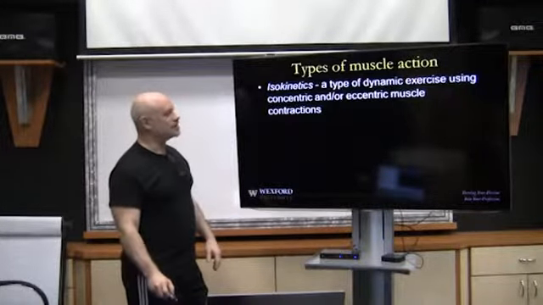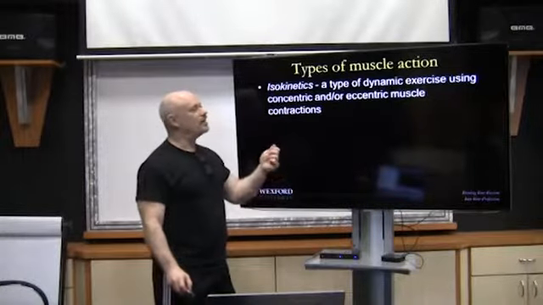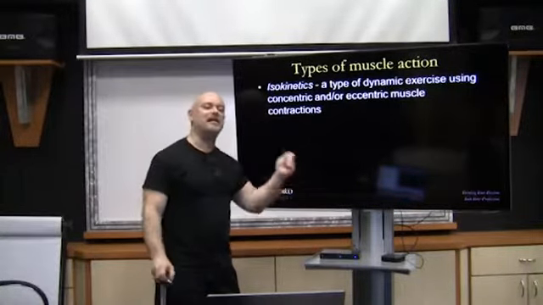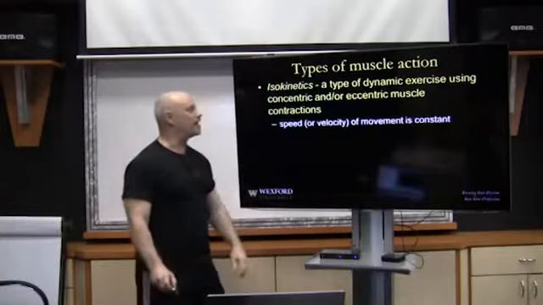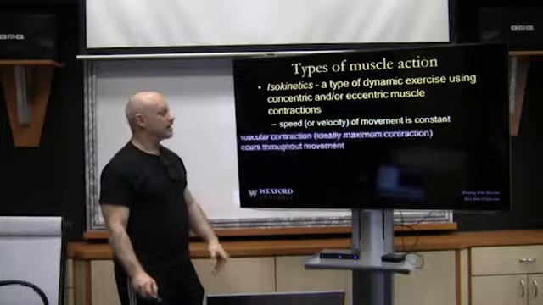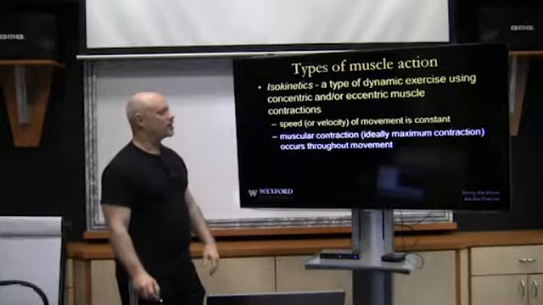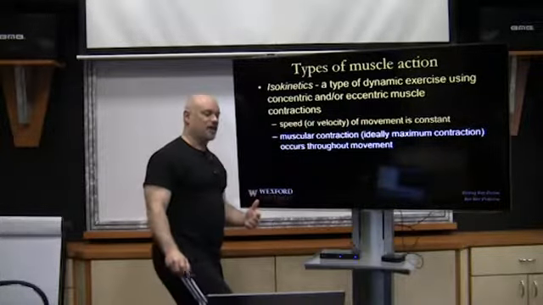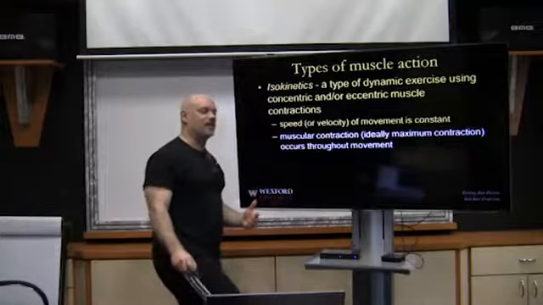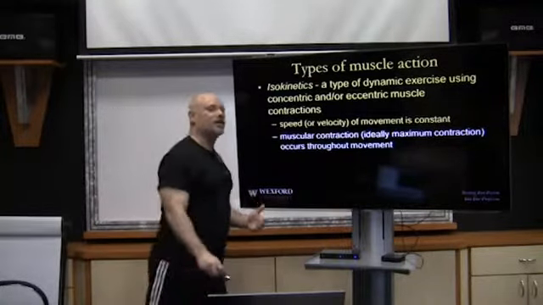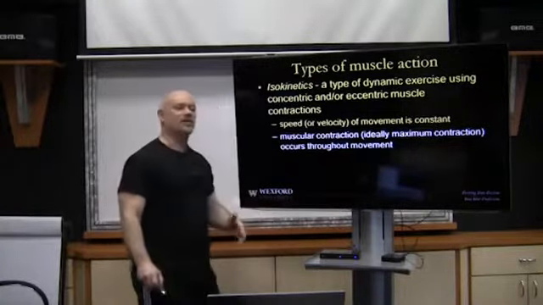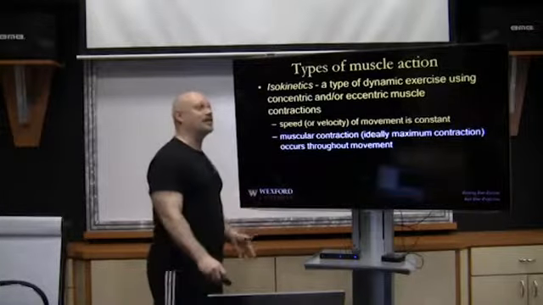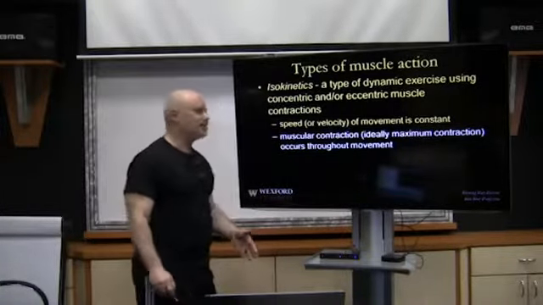Now, isokinetics use a type of dynamic exercise where the speed is controlled in this particular device. Whether you're doing knee extension, knee flexion, hip extension, or hip flexion, the speed is controlled because you're going against some kind of resistance on the machine.